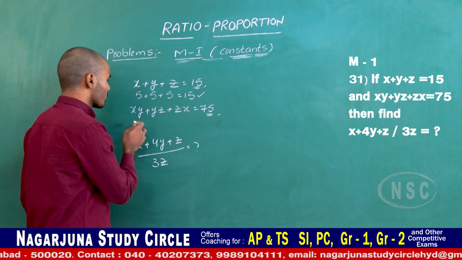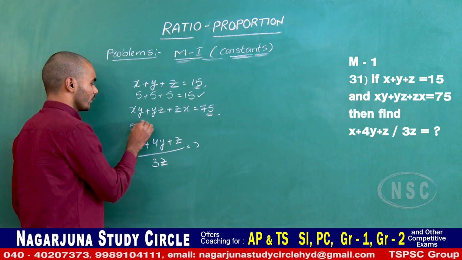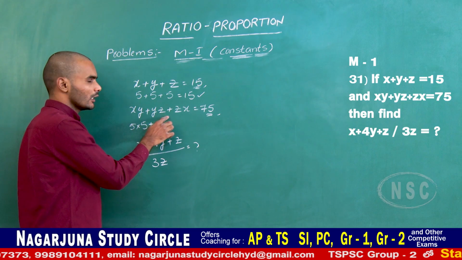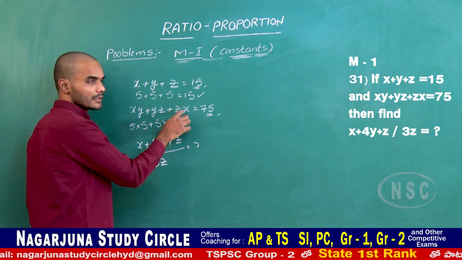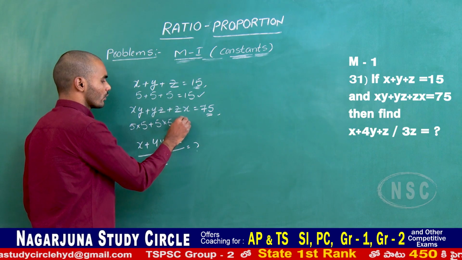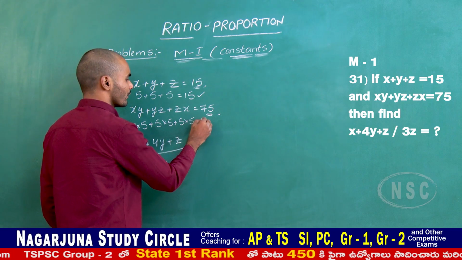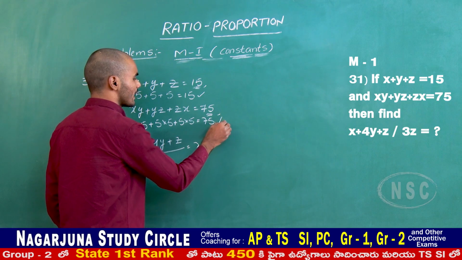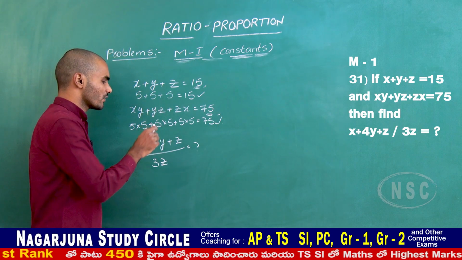And xy means 5 into 5 is 25, yz is 25 and zx is 25. 25 plus 25 plus 25 means 75. Both conditions are satisfied. Then x is 5, y is 5, z is 5.